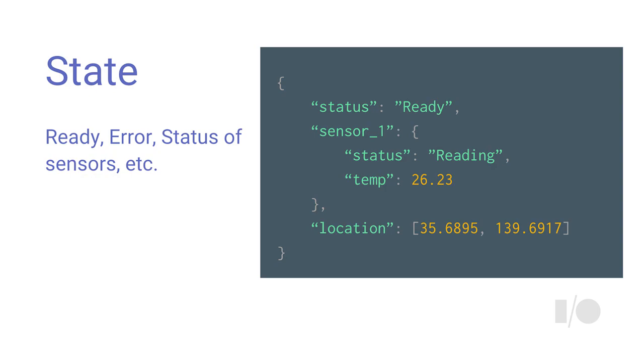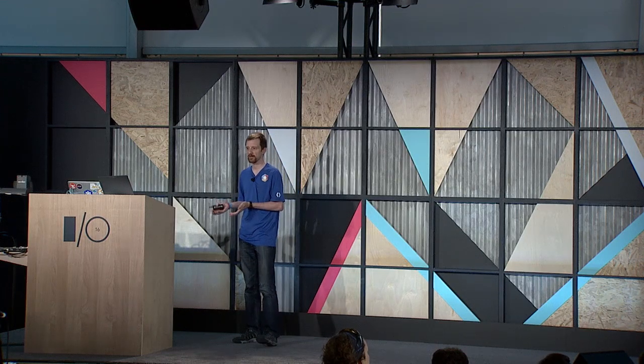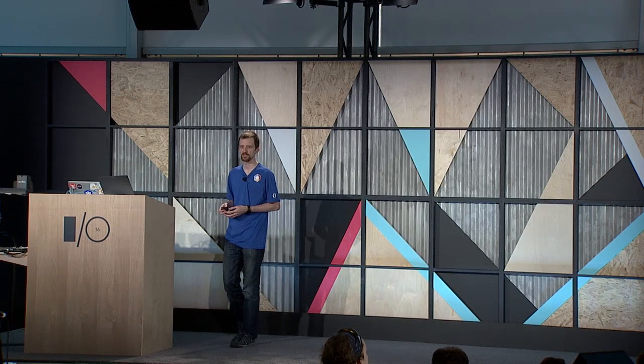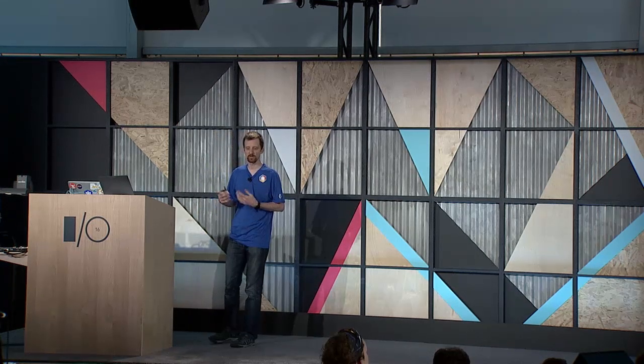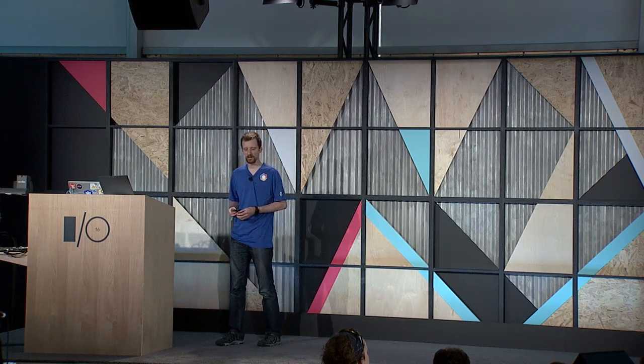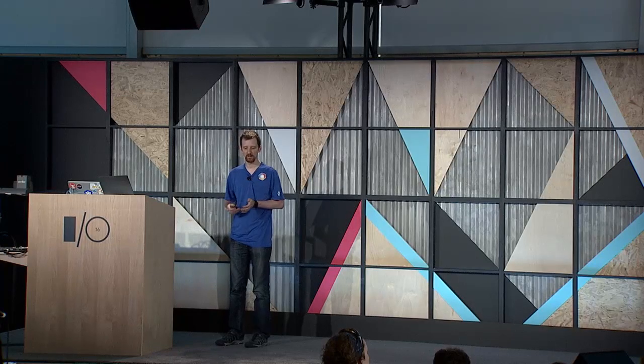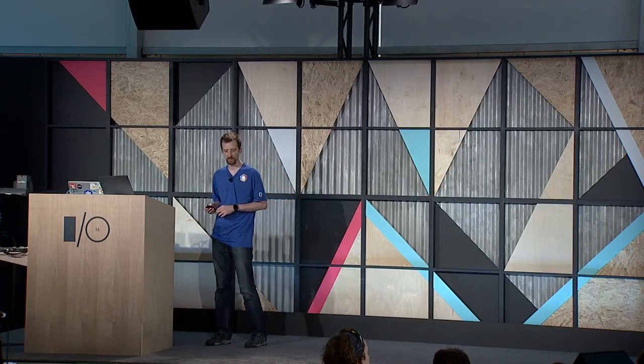In this case, we have a temperature sensor that shows the current temperature. We might also have location, if your device has a GPS. This might be updated every minute or every hour, but it's continually updated as the state changes for your device.